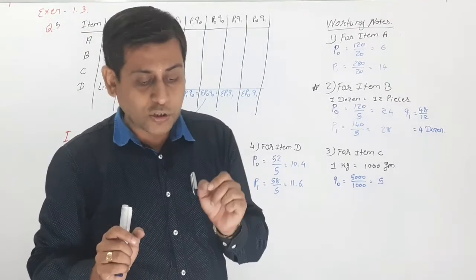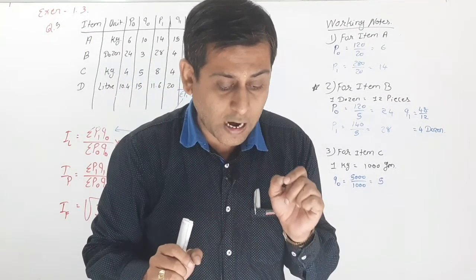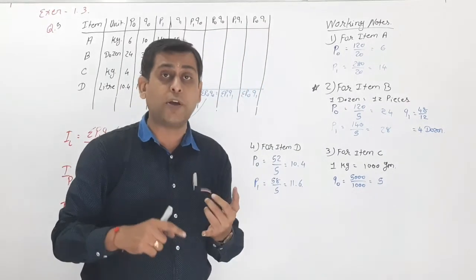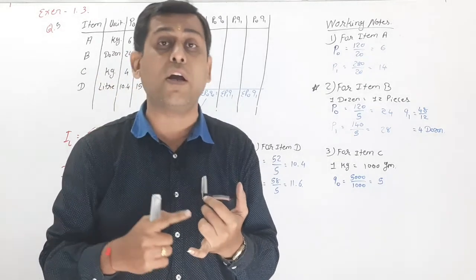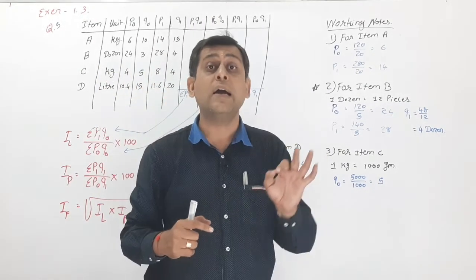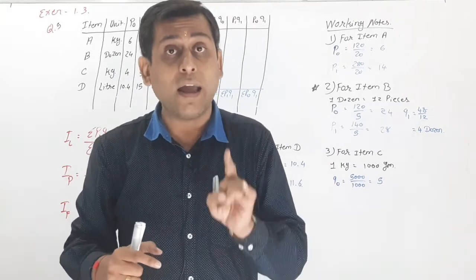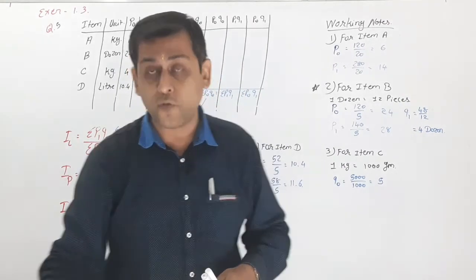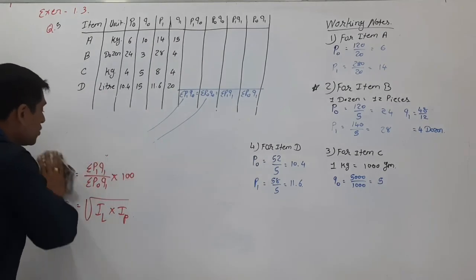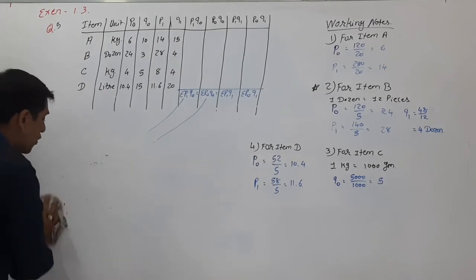But the question is to find out the ideal index number. They don't ask to find out Laspeyres, Fisher's or Paasche's index number. They just ask about the ideal index number, and that is only the Fisher's index number. That's why we don't write any of those formulas.